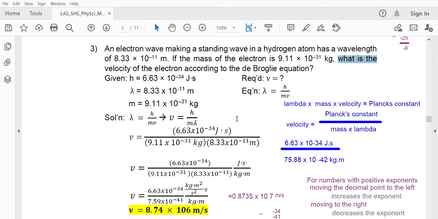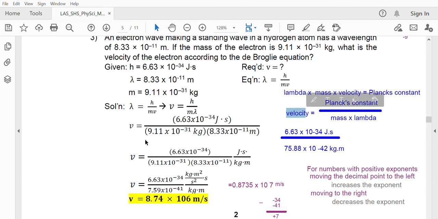So we now go to the solution. We will substitute the given to the formula. So velocity is equal to the Planck's constant divided by the mass times lambda, or the wavelength.